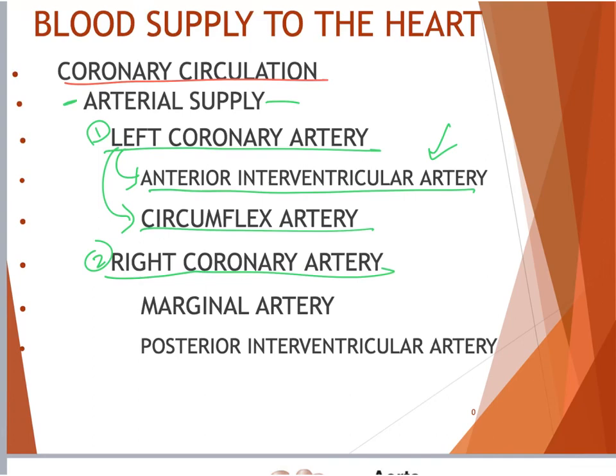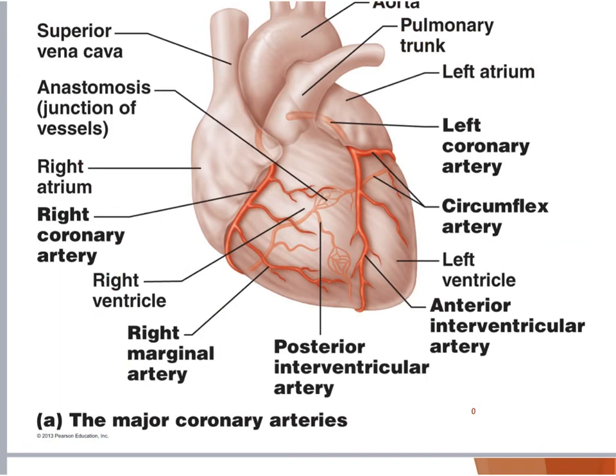Now, the right coronary artery also gives off two main branches. The marginal artery, which supplies the lateral part of the right side of the heart, and the posterior interventricular artery, found in that posterior interventricular sulcus. It's going to run to the apex of the heart, and it supplies the posterior ventricular walls. We can see those isolated here in this diagram.